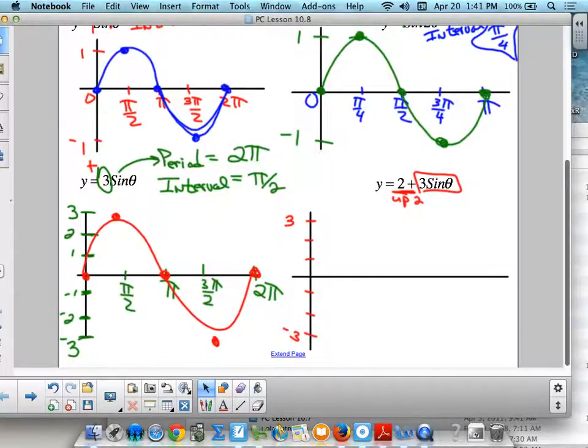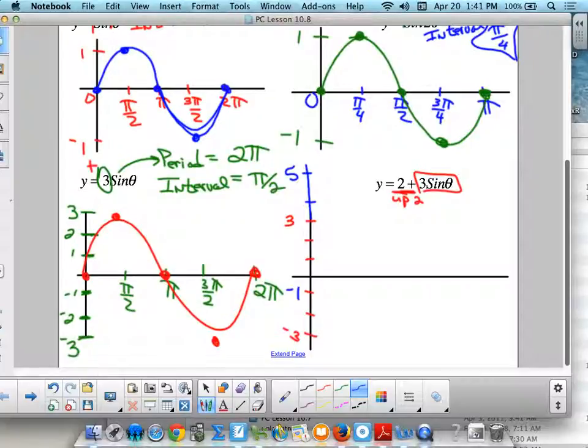So where is the highest part of the wave going to be? 5. So right here is the highest. Where's the lowest going to be? -1. Where's the midline going to be? Yeah, here was the midline. Now it's up 2. There you go, guys. So you're between 5 and -1. We start on the midline.